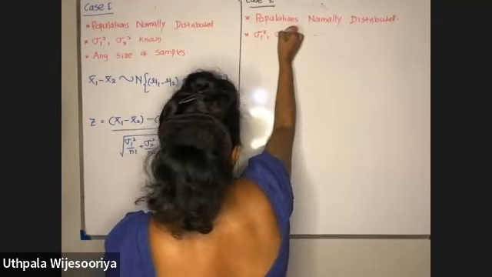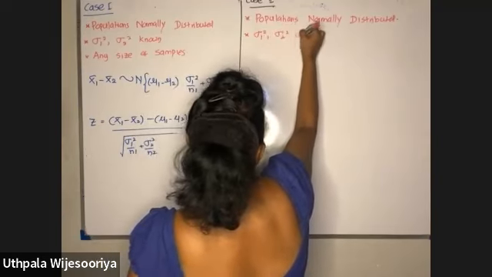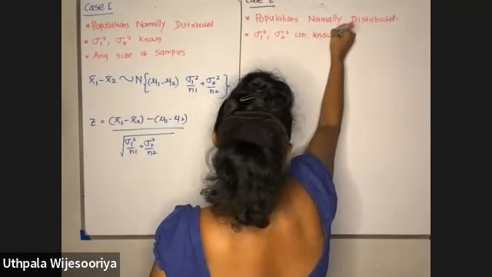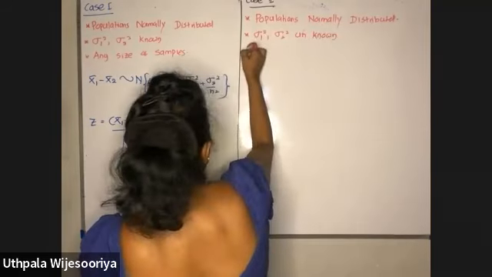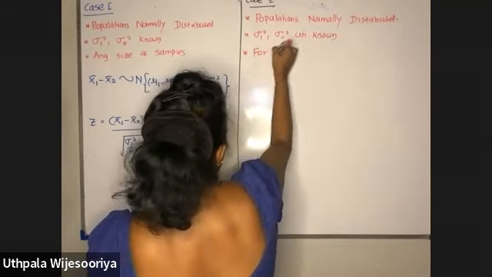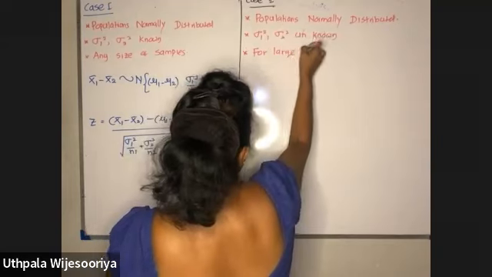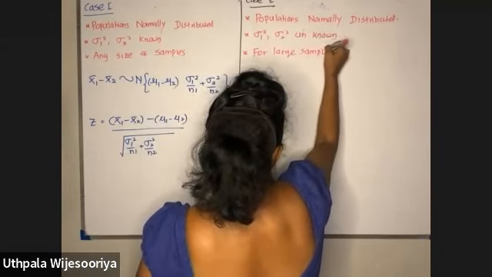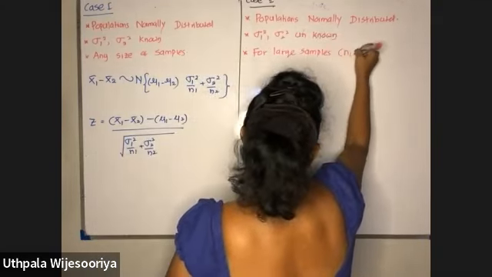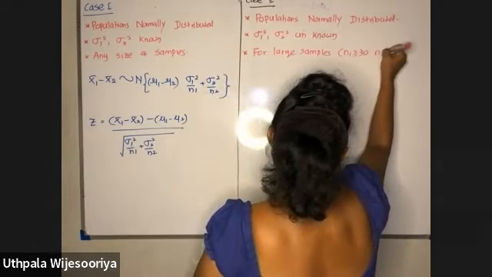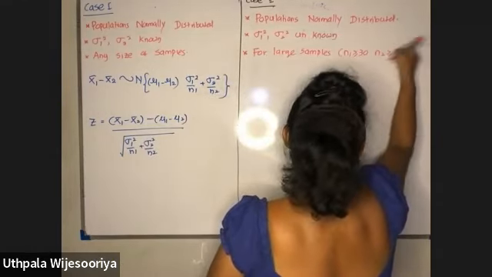Sigma 1 square and sigma 2 square are unknown, and for large samples. What are large samples? n1 greater than or equal to 30, n2 greater than or equal to 30.